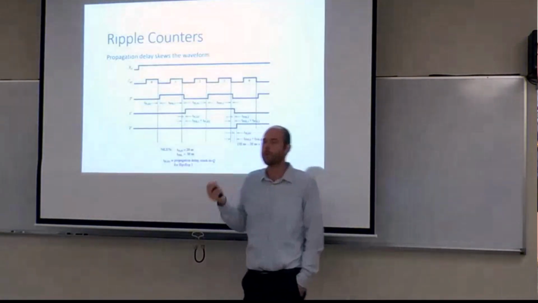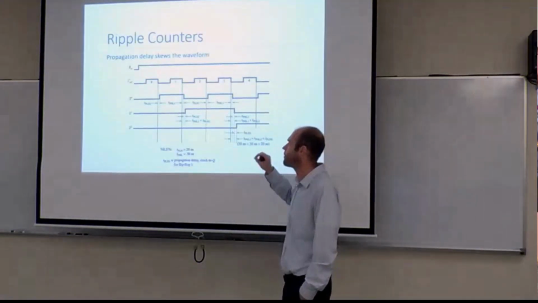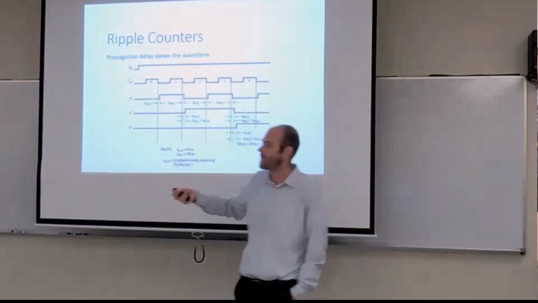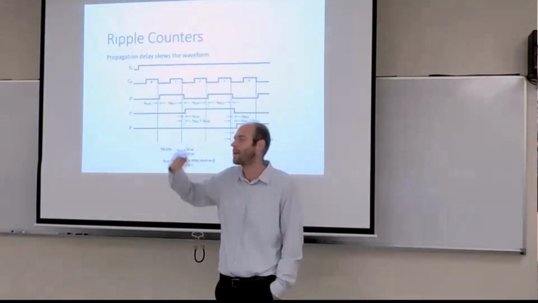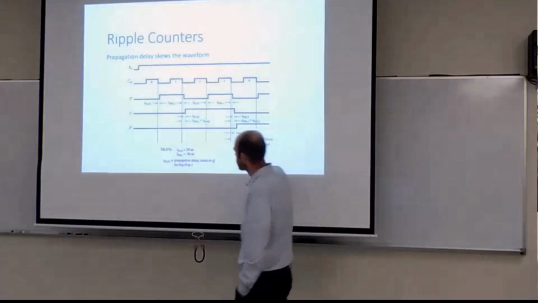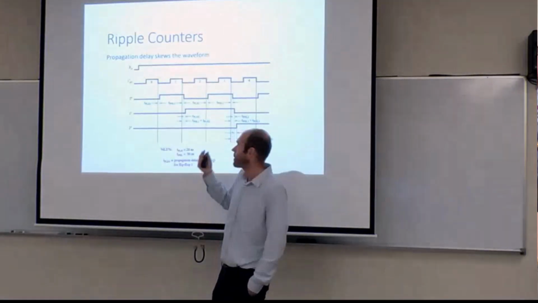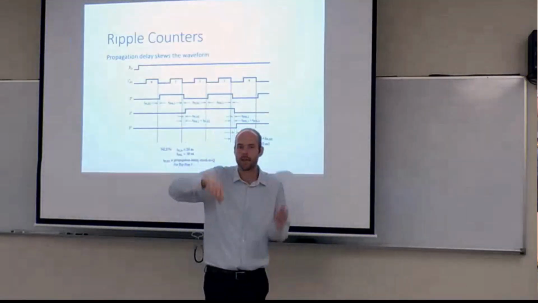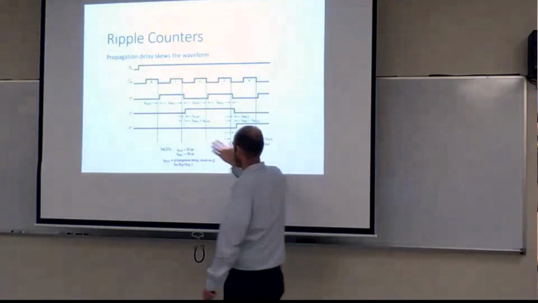One note before we move on deeper, and we'll come back to this terminology more in the future, but we've mentioned that logic gates have a delay. They're not immediate like a wire would be. Putting 5 volts on one end means you have 5 volts at the other pretty much immediately. Logic gates have a brief delay. Flip-flops are the same. When we hit a clock edge, it takes a bit of time for the signal to get from that input JK to the output Q from that clock edge.